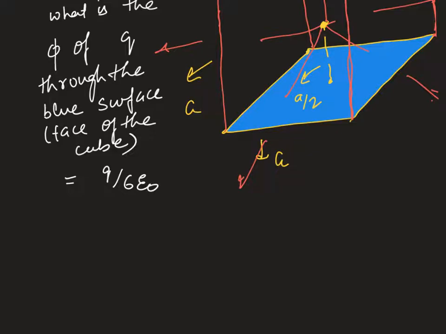And the force becomes, do you remember what was Fy? Fy was simply equal to how much? Sigma into the flux. So sigma, and what is the flux? Q by 6 epsilon naught, and that is your force.